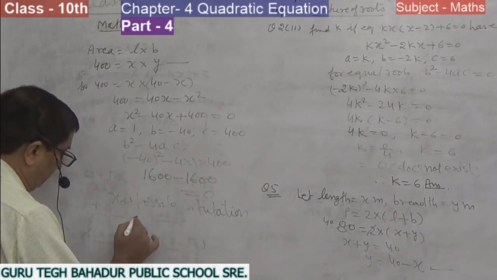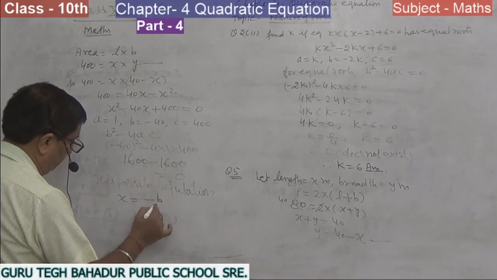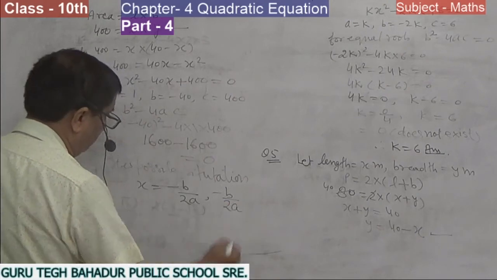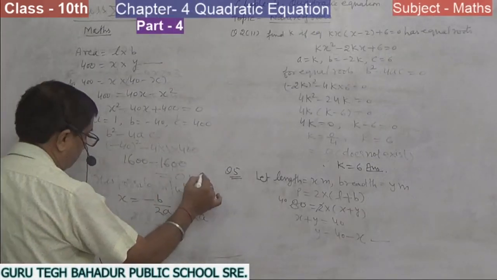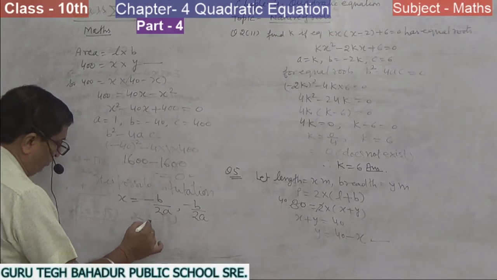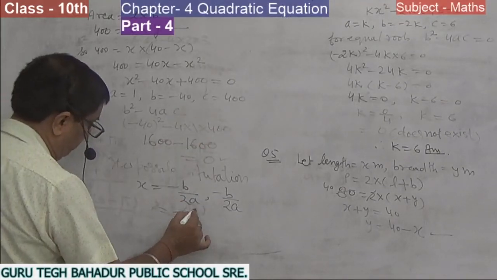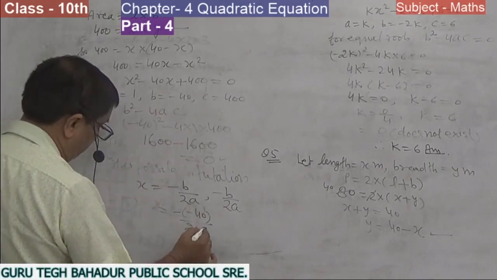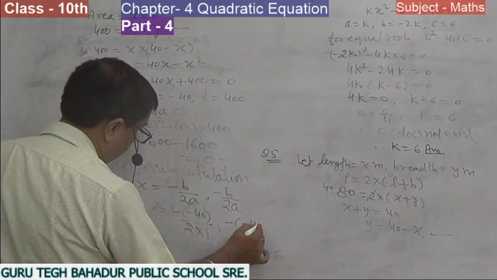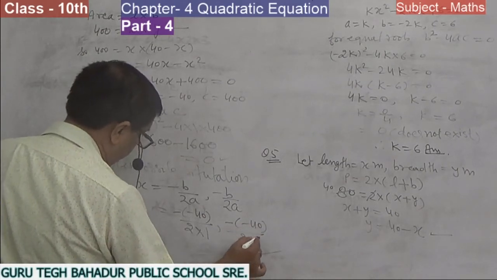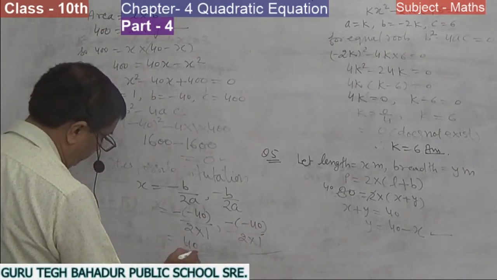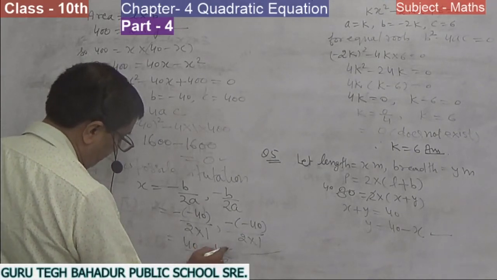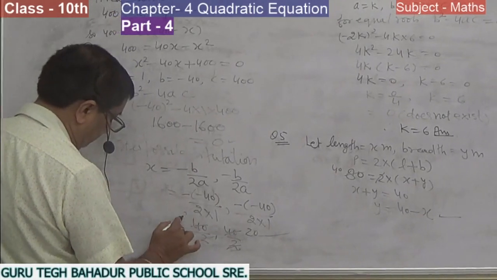So length and breadth, x is equal to minus b upon 2a, minus b upon 2a, because roots are equal. So minus b is 40 upon 2 into a is 1, 40 upon 2, 40 upon 2, 20, 20.